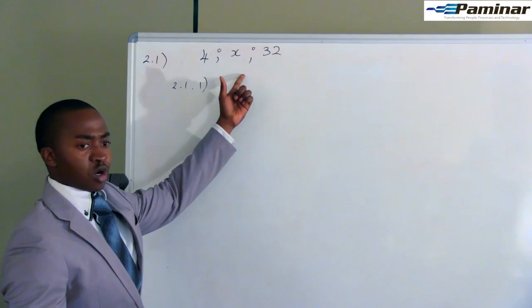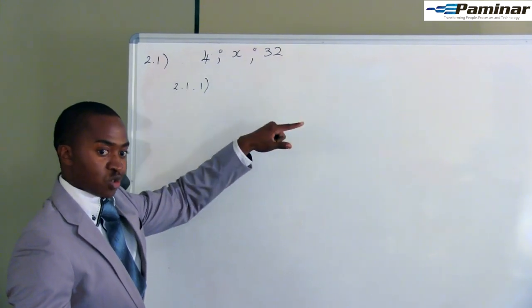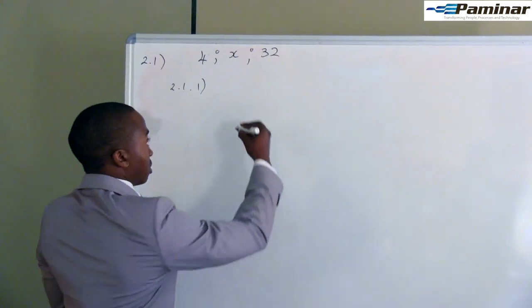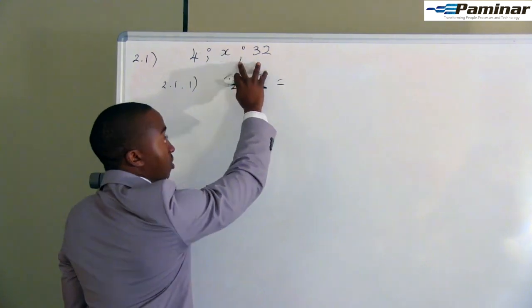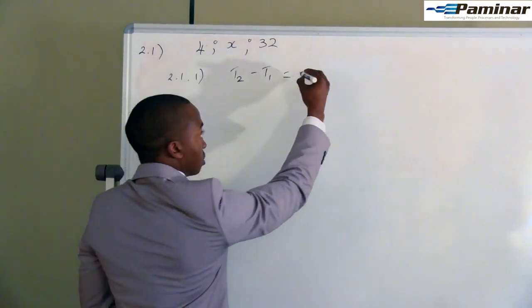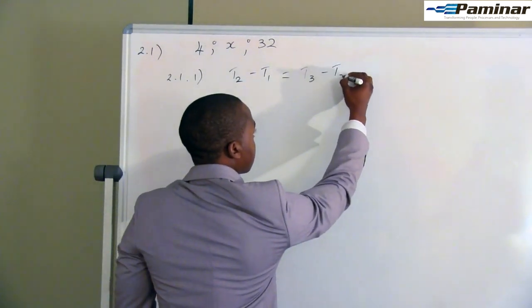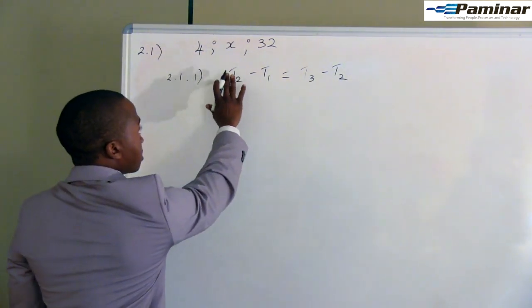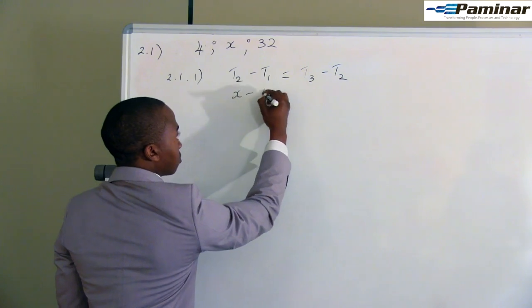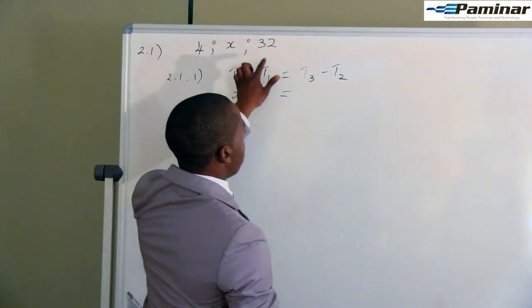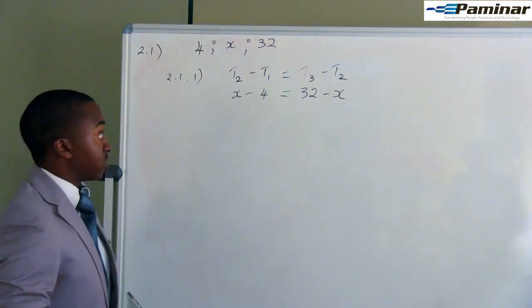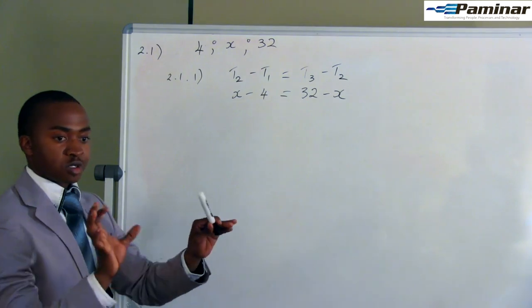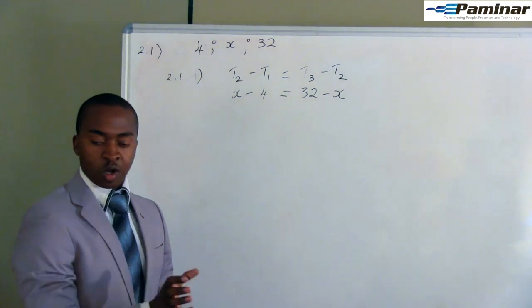So what's the common difference there? It's always term 2 minus term 1, right? In other words, term 2 minus term 1 should equal the common difference of those two, which is term 3 minus term 2. In other words, x minus 4 should equal 32 minus x. And the reason this is so is because the difference should be the same. It should be common.